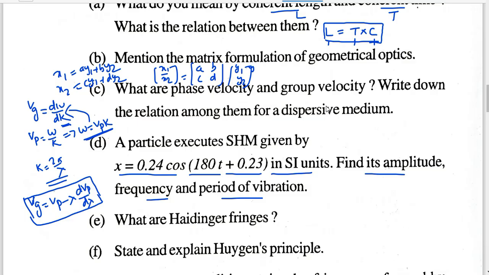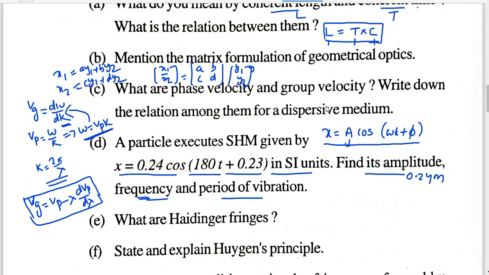This equation is the same format: x equal to a cos(omega t + phi). This is the normal wave equation solution. What is a? A is the amplitude. So here in the question, amplitude is 0.24, which means 0.24 meter. What is frequency?